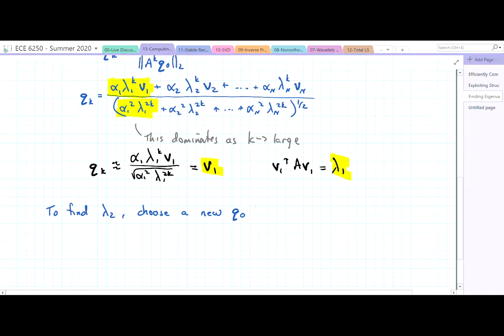I don't know what notation we put there. But this has got to be equal to alpha 2 V2 plus alpha 3 V3 plus all the way up to alpha n Vn. In other words, we have to take off that first vector.